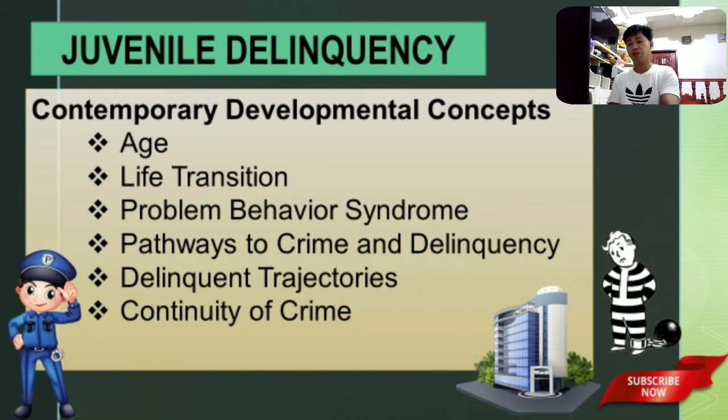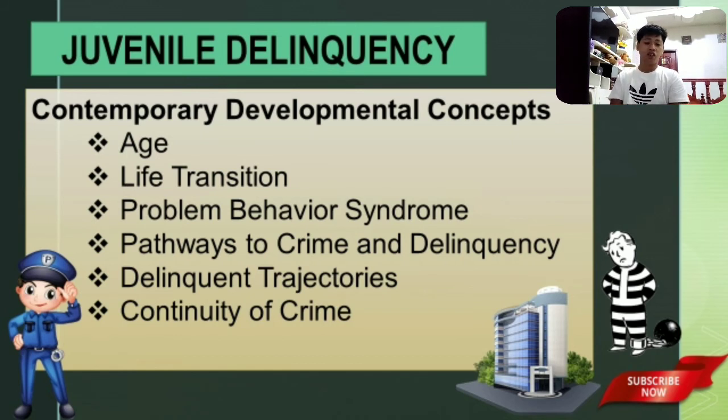No? So, for example, age, diba? We discussed it already. No? Na halimbawa, habang tumatanda tayo, no? Nagkakaroon tayo ng mga experiences na pwedeng nagiging dahilan kung bakit tayo nagiging delinquente, or hindi naman kaya is nagiging obedient. No?